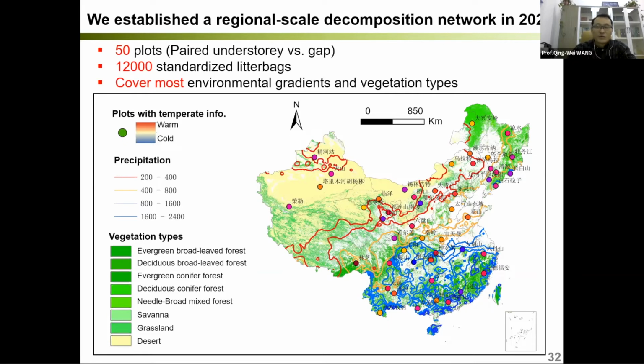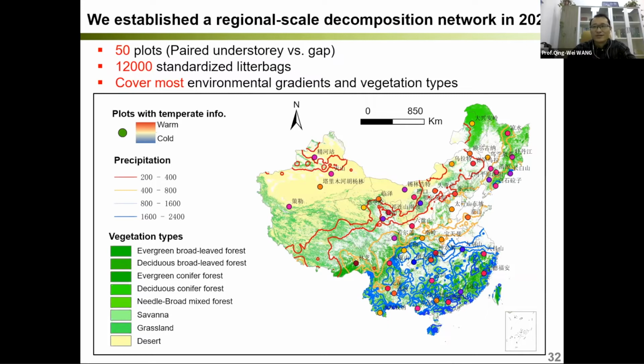And this network, we plan to run 3 years. Now, 1 year has already passed. We started last October. For these 50 plots, we have organized 38 research groups to manage and carry out deeper research, not just on decomposition rate.